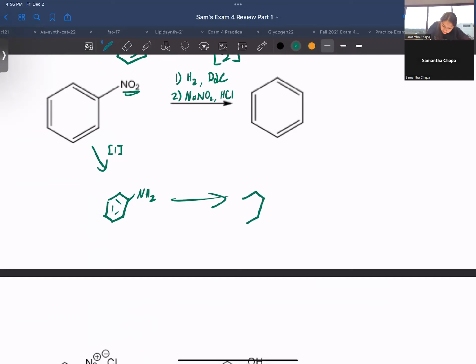That's when I make my salts right here, N2 plus Cl minus. For the last reaction, we don't have any groups on any of our carbons, so what we're probably going to be doing is one of those reactions where the benzene ring becomes just a benzene again. So it's going to be the H3PO2 reaction. This H3PO2 reaction is just going to put a hydrogen in place of my diazonium salt. So I'll just draw it up here. Hydrogen.